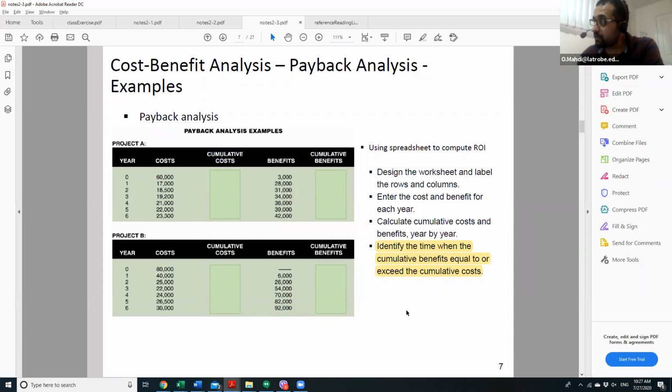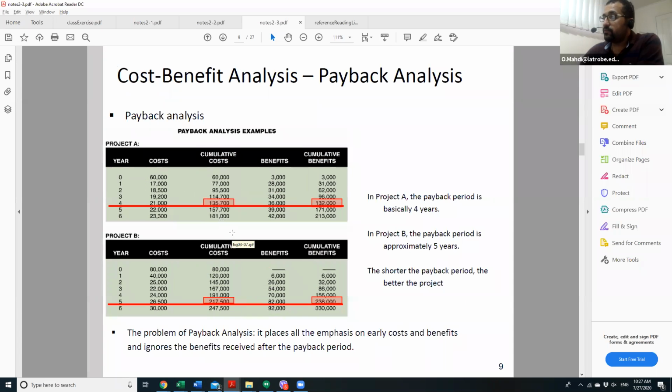Let's go back to the example. Look here, the cumulative cost is 135,700, and the cumulative benefits is 132,000. So at year four, both values are relatively close to each other.